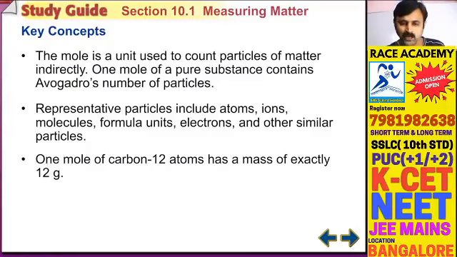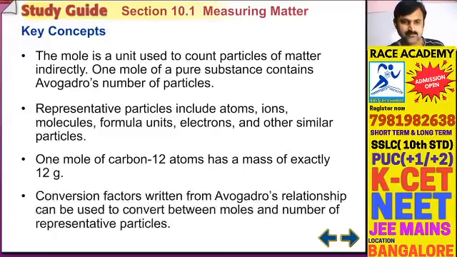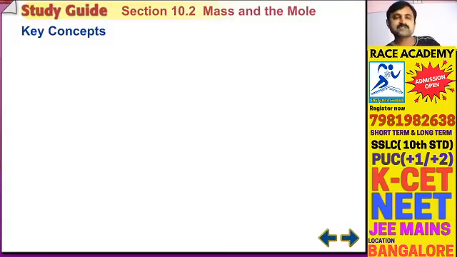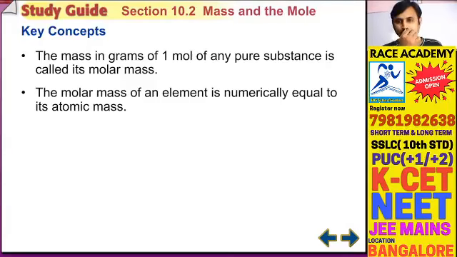Now 1 mole of carbon atoms has a mass of exactly how many? 12 grams. A conversion factor written from the Avogadro relationship can be used to convert moles into number of particles. The mass in grams of 1 mole of any pure substance we call the molar mass. That is what we discussed in the second session.